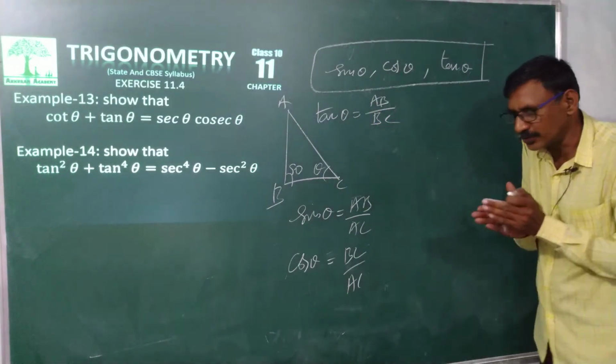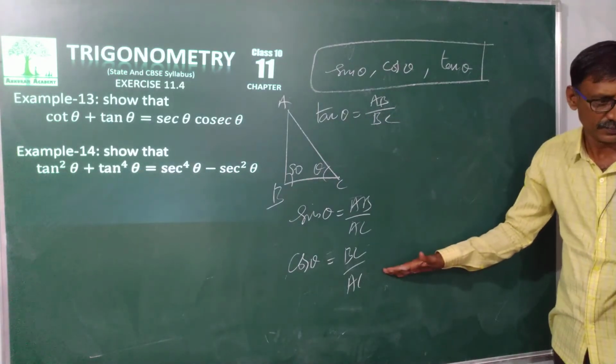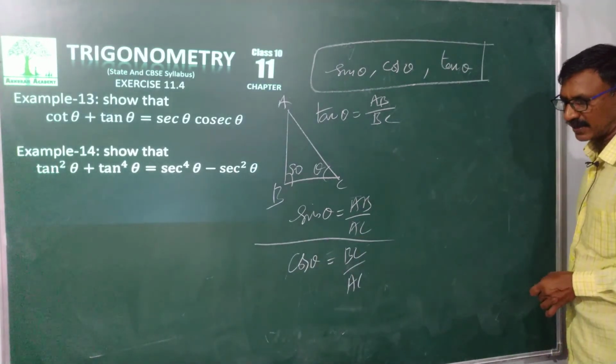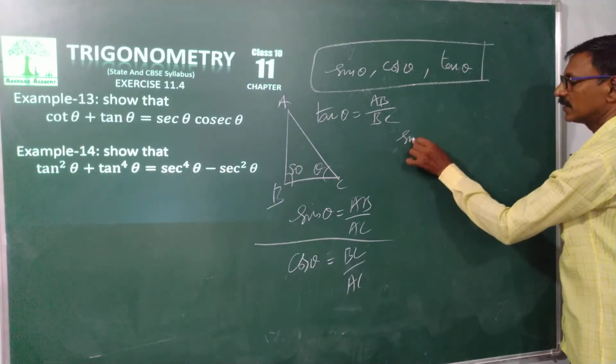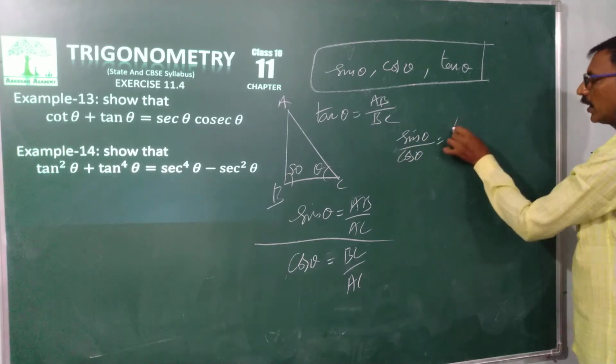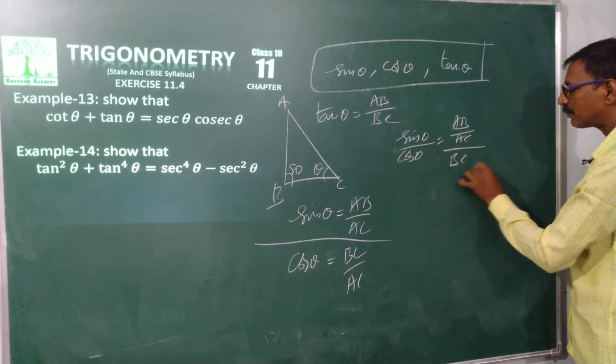Now I would like to find a relation between these. Just I would like to divide sin theta by cos theta. Sin theta by cos theta is equal to AB by AC divided by BC by AC.